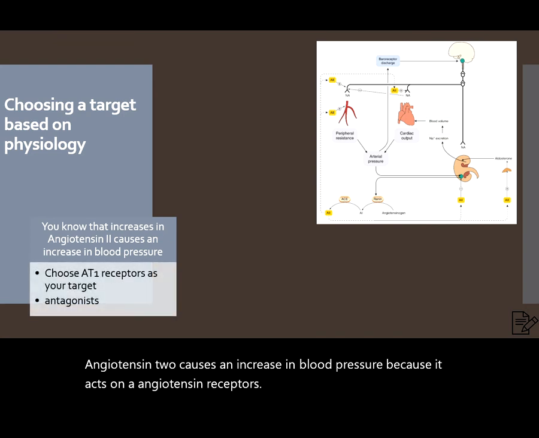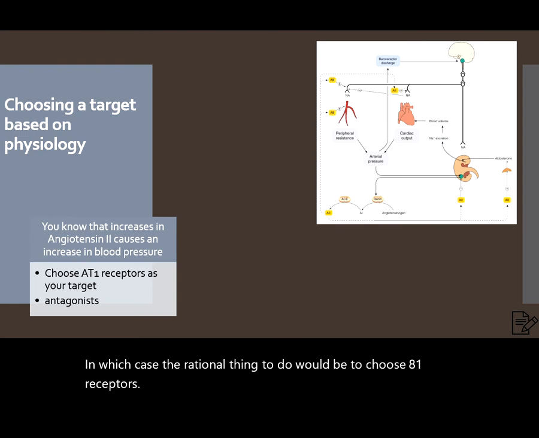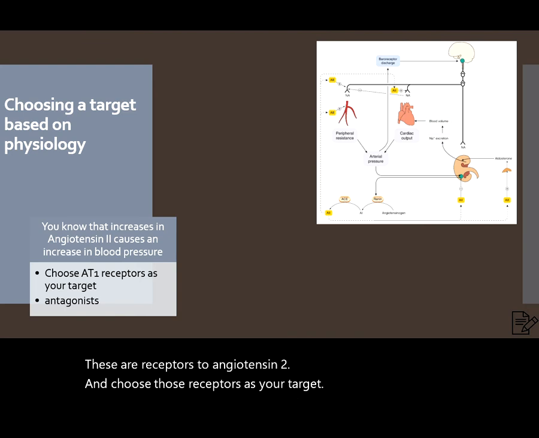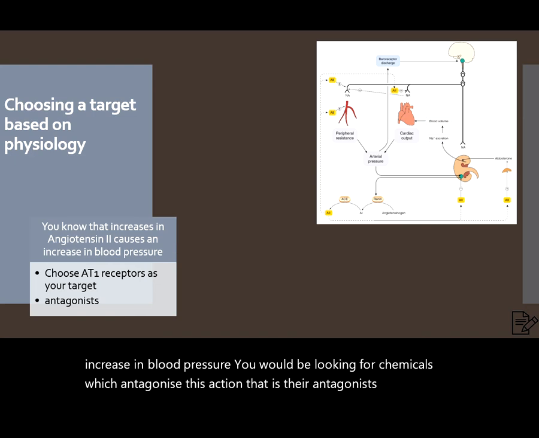In which case, the rational thing to do would be to choose AT1 receptors, these are receptors to angiotensin II, and choose those receptors as your target. Because angiotensin II acting on these receptors causes an increase in blood pressure, you would be looking for chemicals which antagonize this action. That is, they are antagonists at angiotensin II receptors.